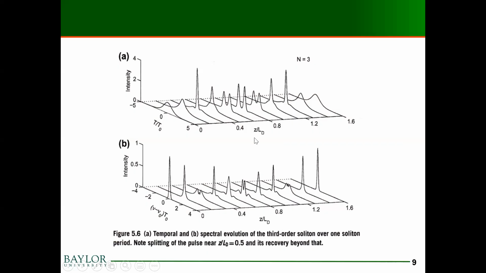It makes two pulses, and then in the end, it will come back to a very sharp pulse, compressing the pulse again, and it comes back with the original pulse shape. So you can see this is soliton propagation where n equal to 3. They break the pulse into two pieces, and then we have the original pulse again, right?